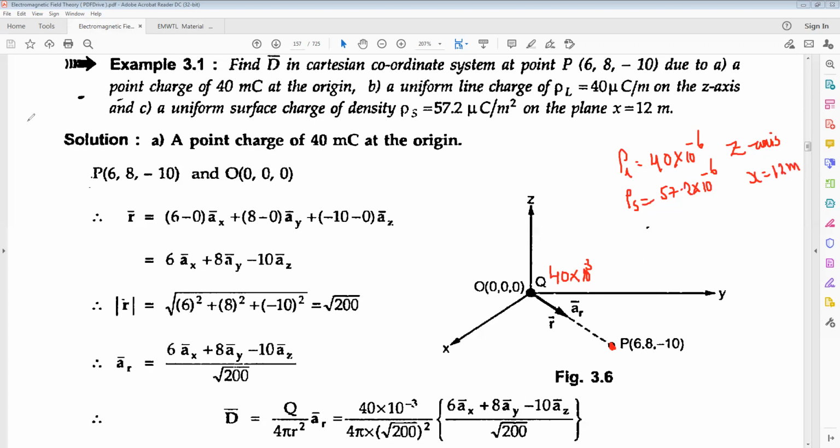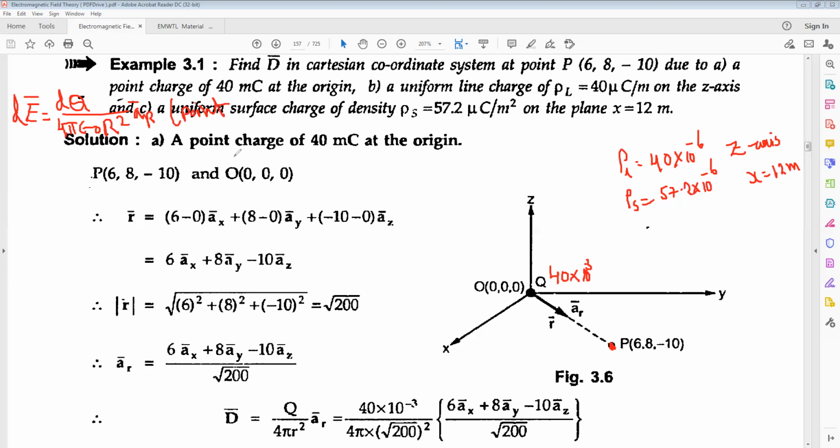See the formulas we already have. For the point charge, the differential electric field intensity dE bar is equal to dQ by 4 pi epsilon naught R square into AR bar. The point charge of 40 millicoulombs is located at the origin.